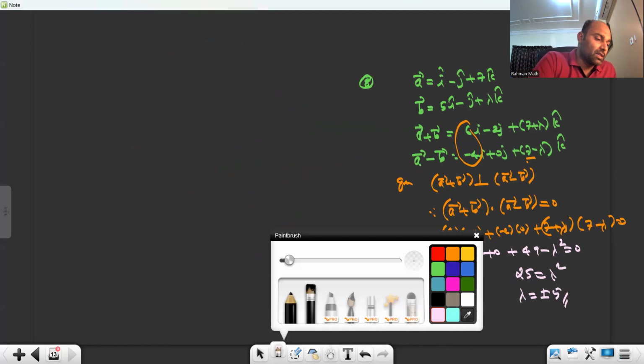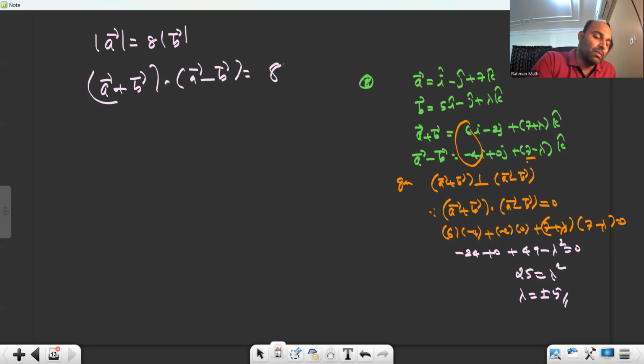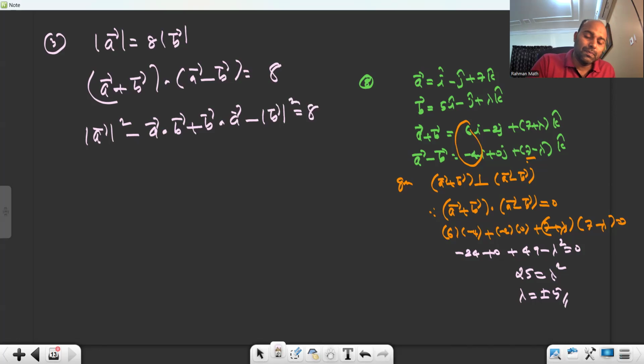Third one: given that magnitude A equals 8 times magnitude B, and A plus B dot A minus B equals 8. Expanding, magnitude A square minus A dot B plus B dot A minus magnitude B square equals 8.